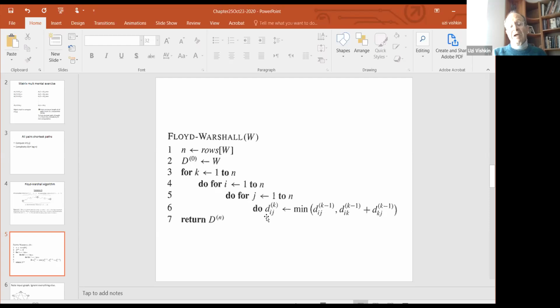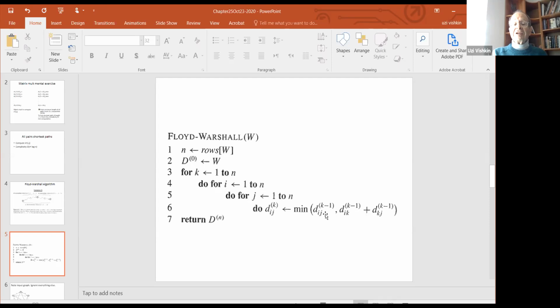What do I do? I compute d_ij, the distance from i to j through vertices 1 up to k, as the minimum between the distance from i to j via vertices 1 up to k minus 1, which is one candidate for the minimum, and the second candidate, going from i via the first k minus 1 vertices to k as an intermediate vertex, and adding to it going from k to j, using the same set of vertices 1 up to k minus 1.